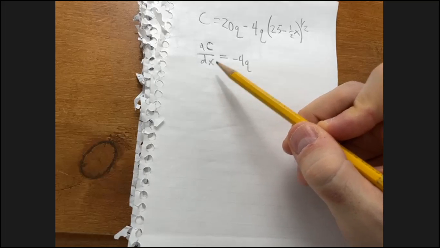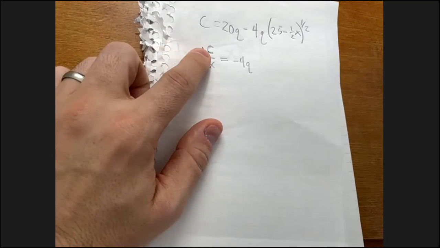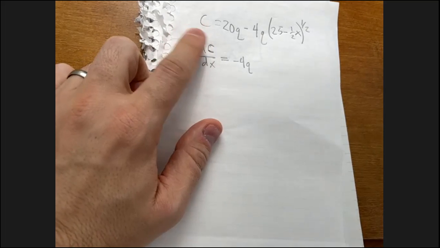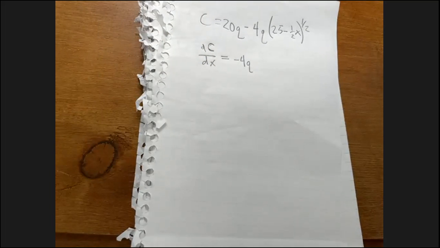Also I have to mention, what if q were a function of x? If q were a function of x, then I can't ignore it. I can't just say the derivative of 20q equals 0. And we'll talk about this later. What you would have to do there is called a total derivative. Right now, we're just taking the derivative of one function c with respect to x, and we're treating q as totally a constant.